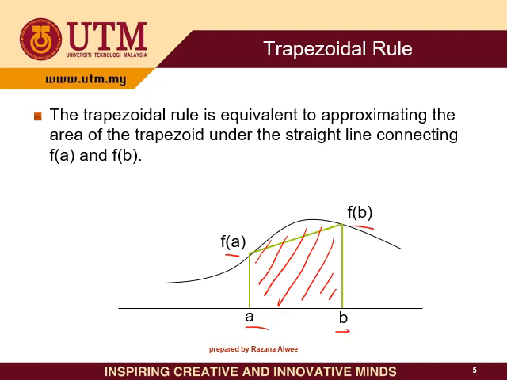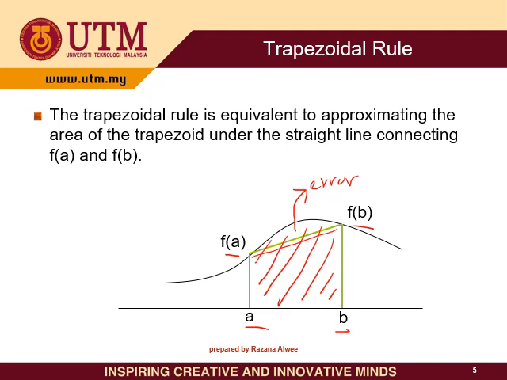So this is a trapezoid form, right? But as you can see, if we use a trapezoid like this from point A and point B, with FA and FB, we have some error here because it will calculate under this one. But this is the error that we have.